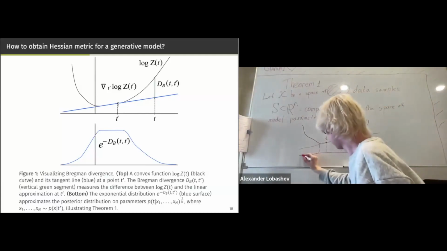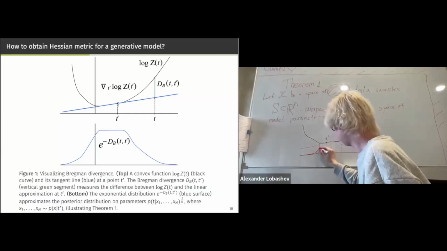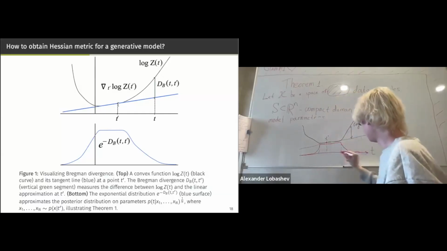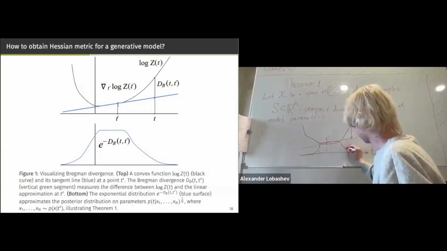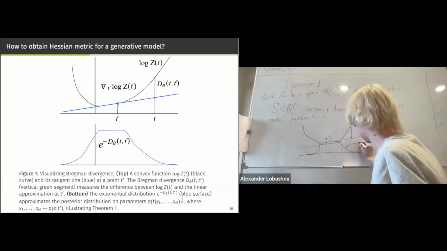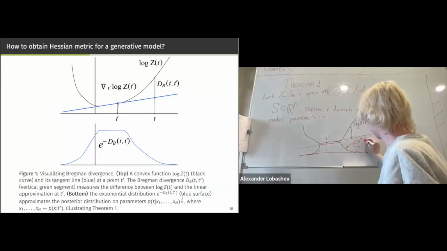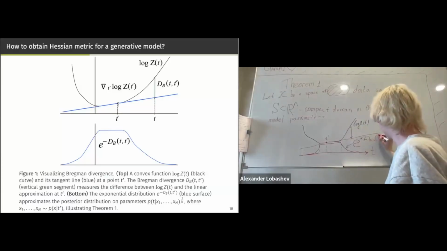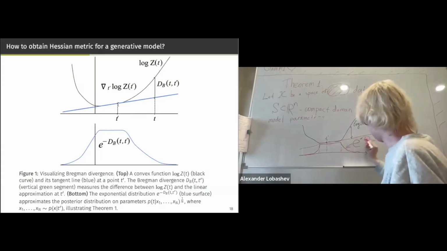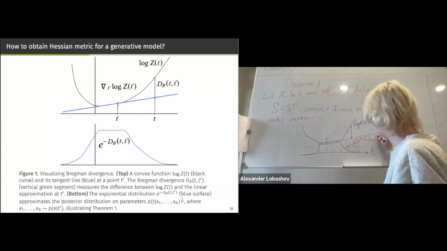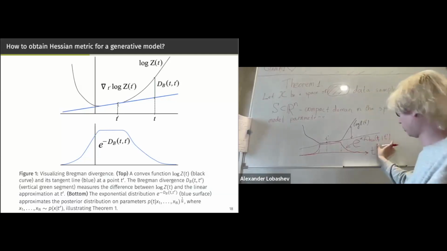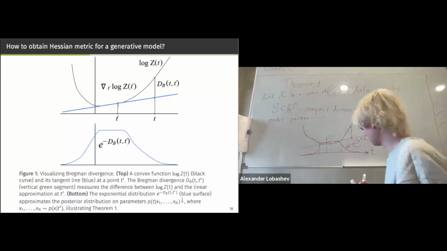And actually, the posterior distribution on the space of parameters will be concentrated in this region, because this posterior distribution is proportional to e to the minus Kullback-Leibler divergence, which is the same as Bregman divergence, between any point t and our ground truth value t prime.